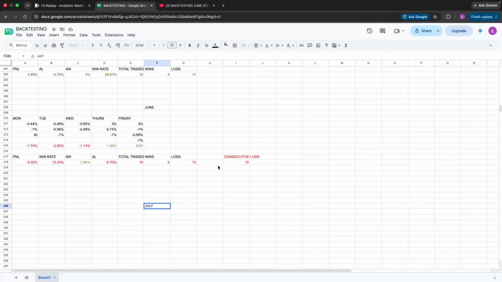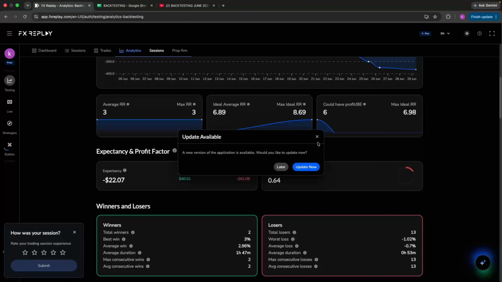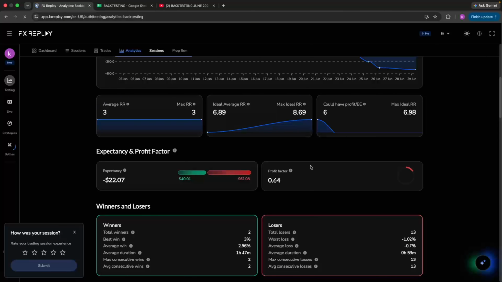So it is currently 12 minutes past 7, and I'm gonna try that test just before London session opens, and we'll see how it goes.